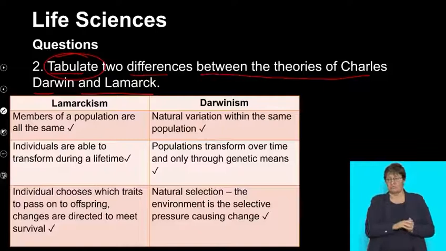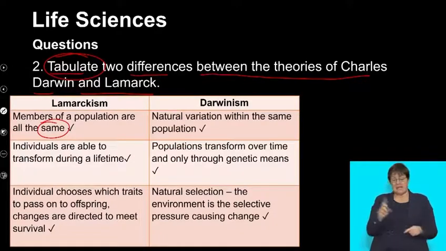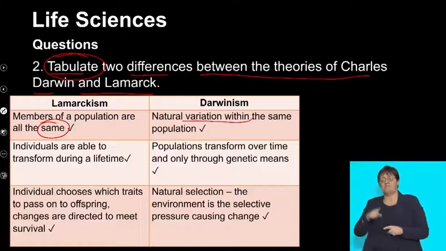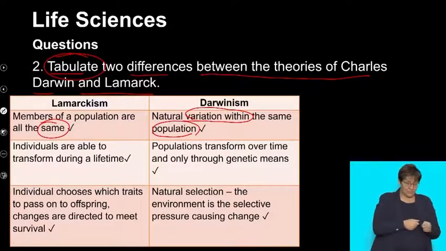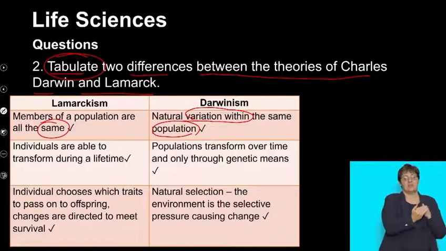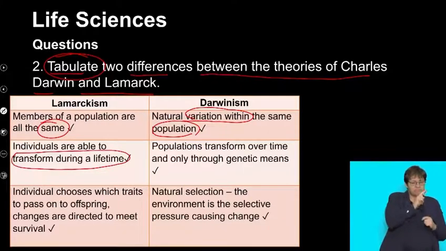So I've put that into a table, and we know that Lamarck spoke of members of the population being the same. However, Darwin mentioned that there was lots of variation within the population, which he referred to as variation in the species. Lamarck mentioned that individuals are able to change or transform during their lifetime.